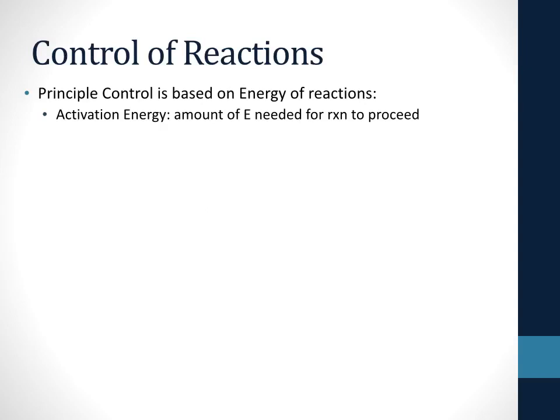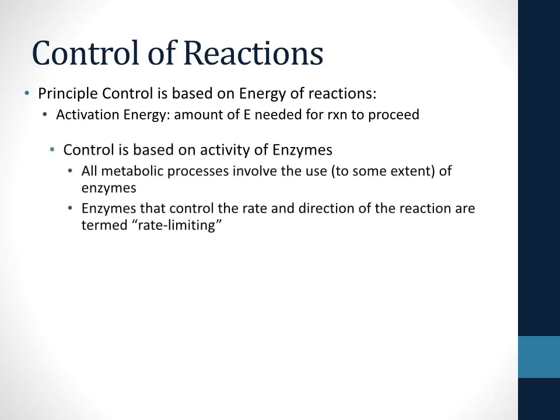We can control all of these various types of reactions within our body by controlling various environmental conditions. The principal means of controlling them is by regulating the amount of activation energy that is required for the reaction to take place. The principal way in which we do this is through enzymes.